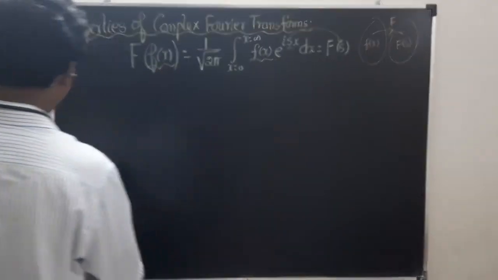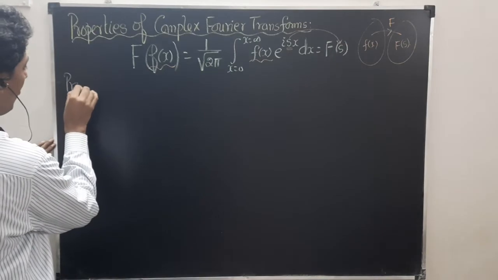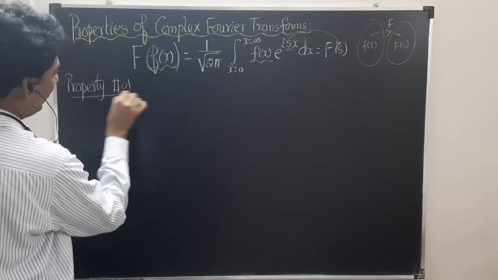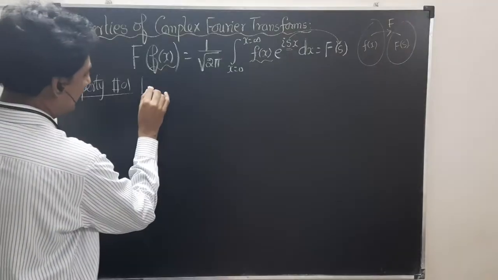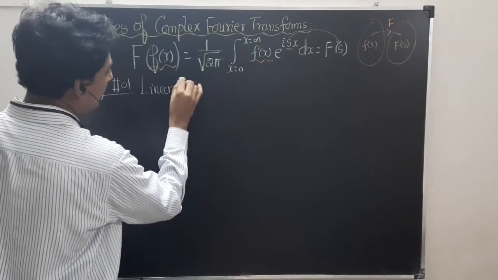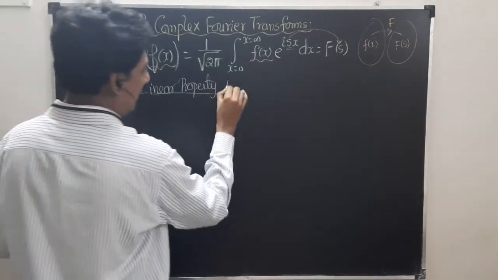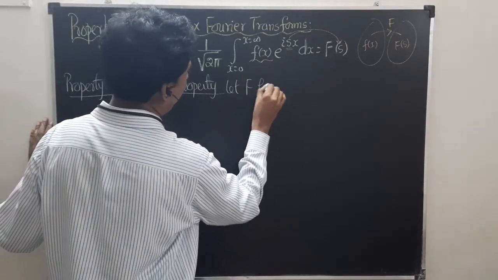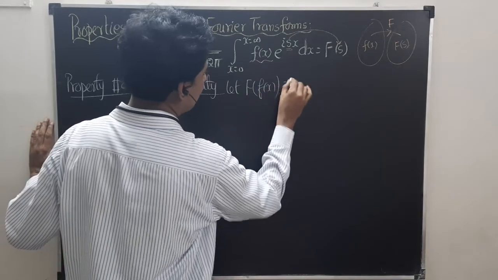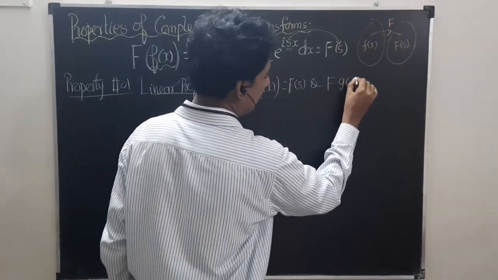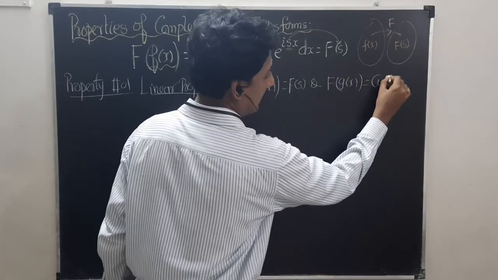The first property is known as the linear property. I will go through a few properties, very standard and very familiar. So what is the linear property? Let the Fourier transform of f of x be f of s, and the Fourier transform of g of x be g of s.